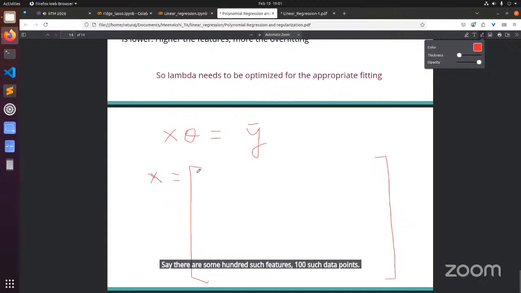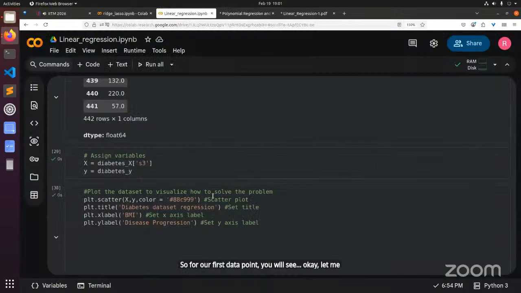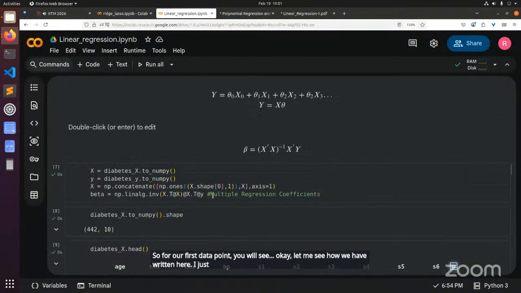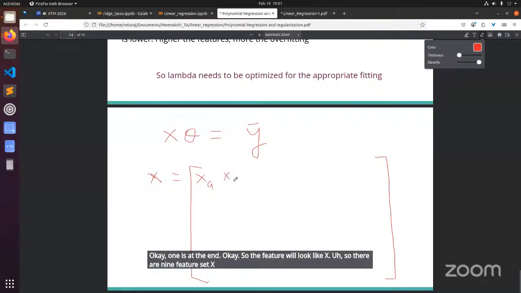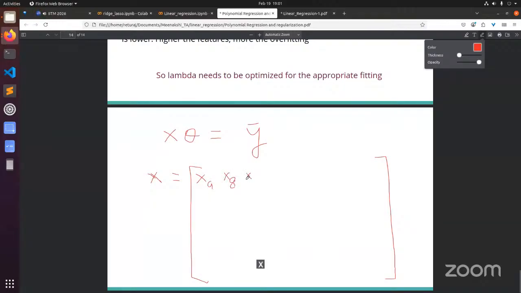So for the first data point, the feature will look like this. There are 9 features, right? X9, X8, X7 for the 0th person, X1 for the 0th person and 1.